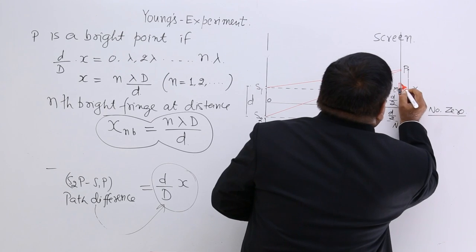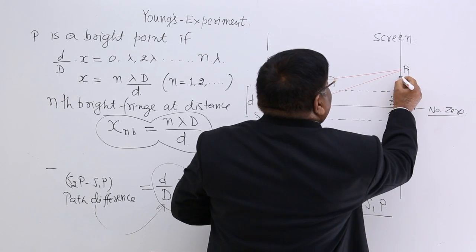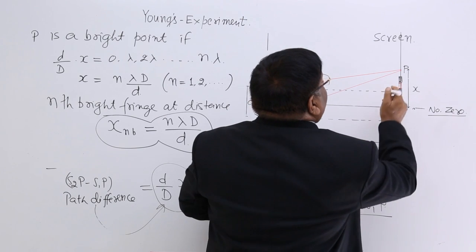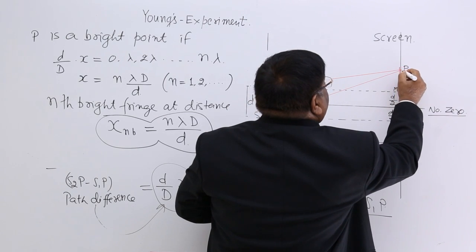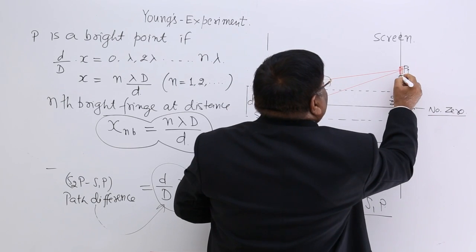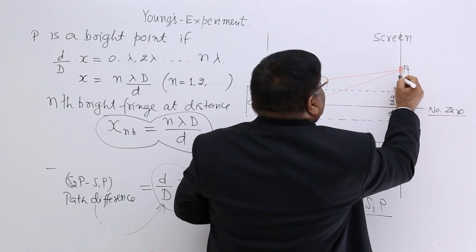In this way, we get bright, dark, alternate. So we are getting alternate fringes this way.